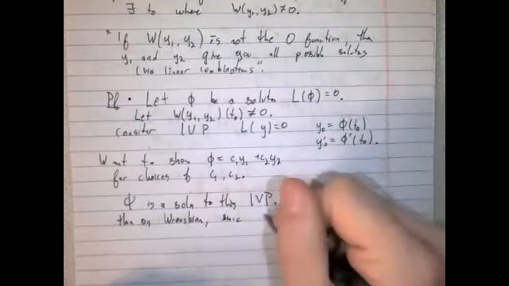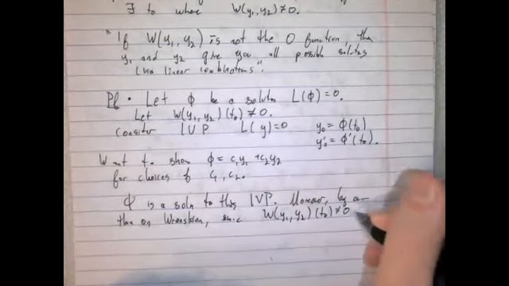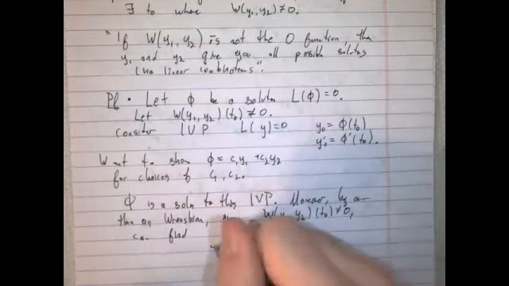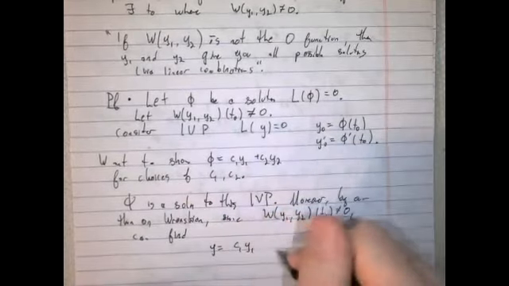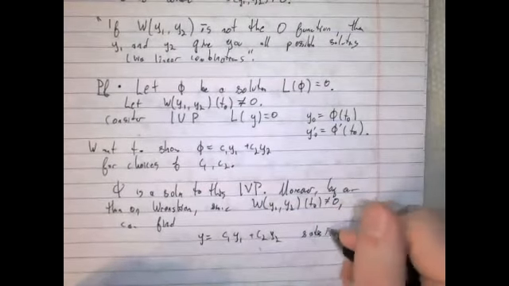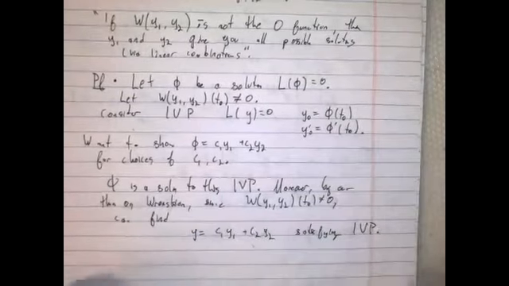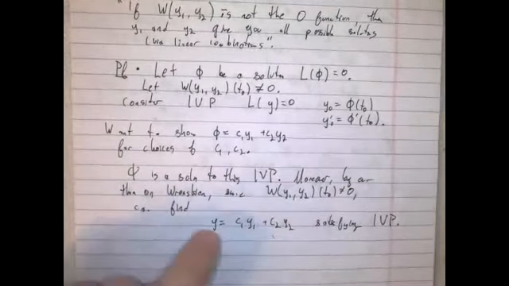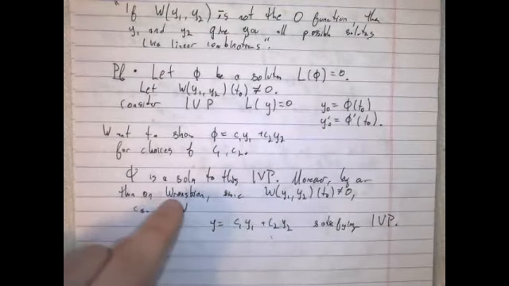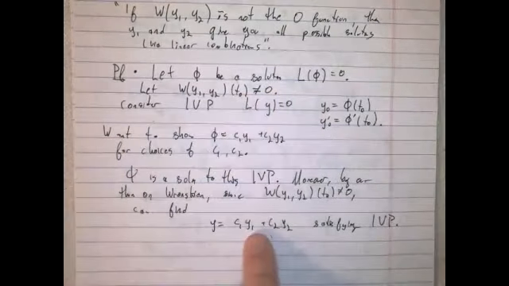Since W of y1, y2 at t0 is not equal to 0, we can find y equal to c1 y1 plus c2 y2, satisfying the IVP. Because whether or not we can find a solution which satisfies some initial data at t0 exactly depends on whether or not the Wronskian is 0 at that point.